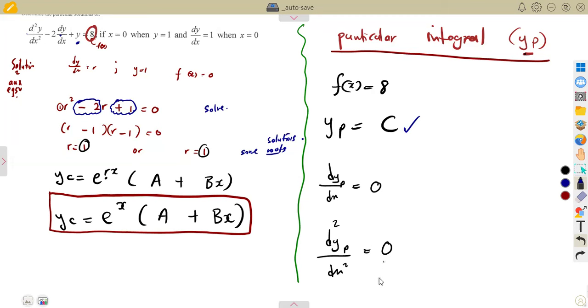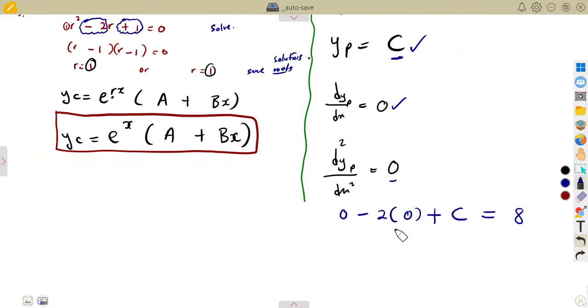No, the second derivative is a 0. So that's 0 minus 2 times the first derivative of y with respect to x, that's a 0. Plus y in this case, where y represents c, which is the part of the particular integral. Yp is equal to c. So this must be equated to f of x, and your f of x there is what? It's 8.